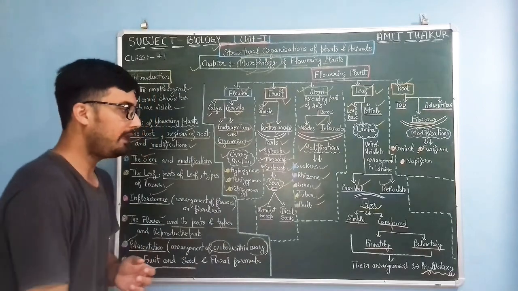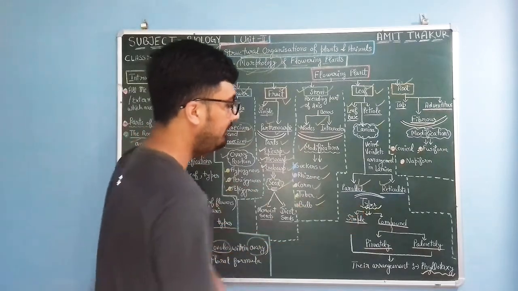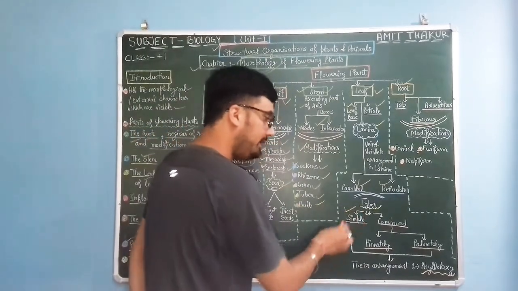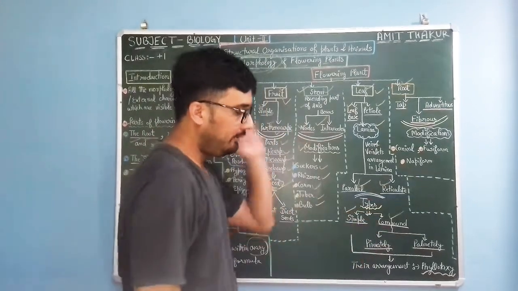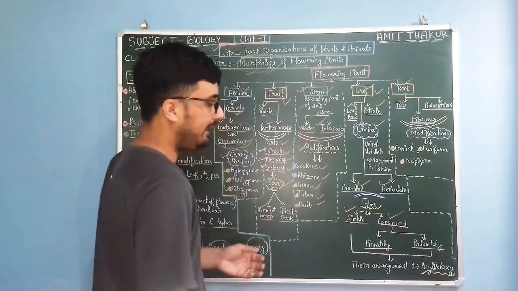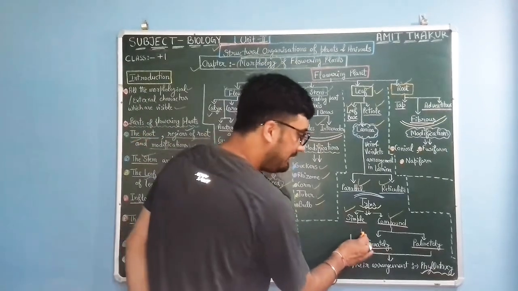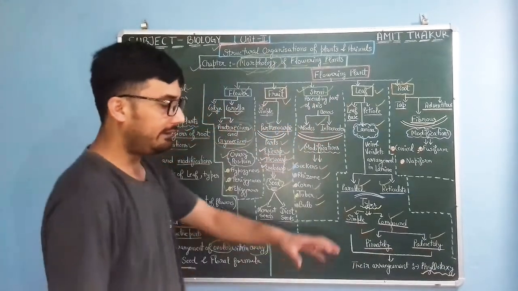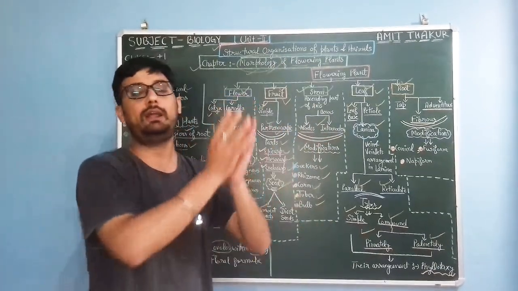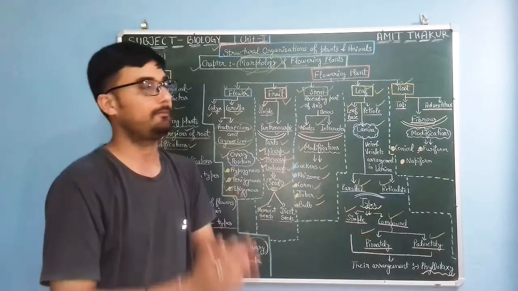When it comes to types of leaves, they can either be simple leaf or compound leaf. Compound leaves are further categorized into pinnately compound leaves and palmately compound leaves. The arrangement of leaves on the plant is known as phyllotaxy.